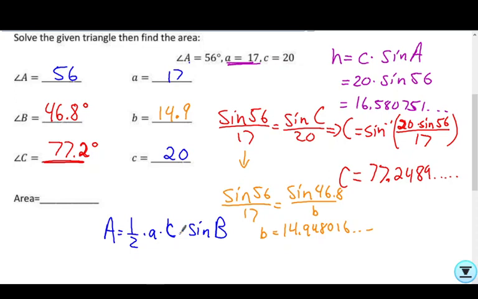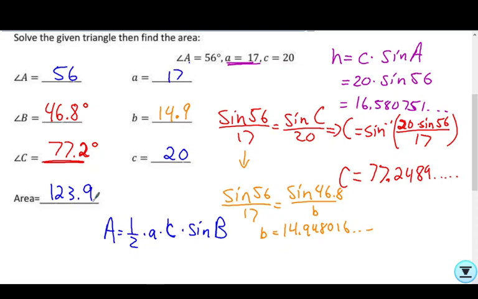It's going to be 1/2 times 17 times 20 times the sine of 46.8, and you get 123.9. All right, so that's my first solution.